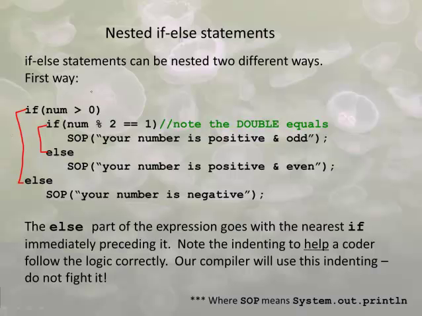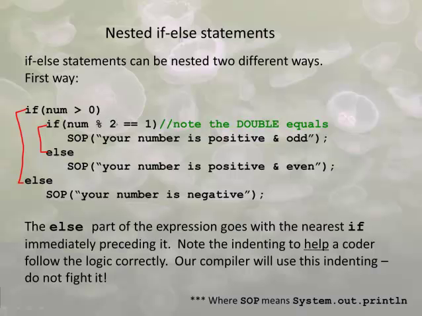So here's what happens. If num is greater than 0, and we don't have a value for num in this particular case, but here's a really good use of modular. If num mod 2 is equal to 1, remember that's what we say, is equal to it. If we have two equals, you could say equals equals, but you can also correctly say equals.